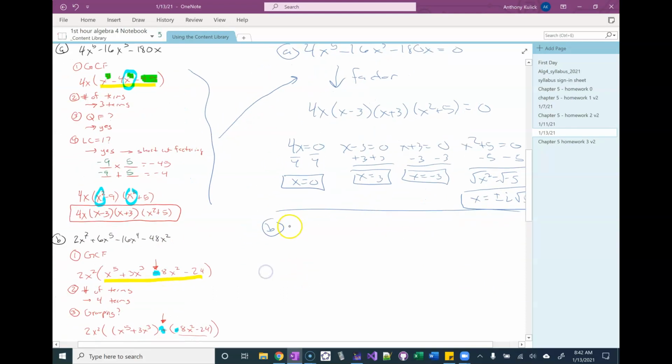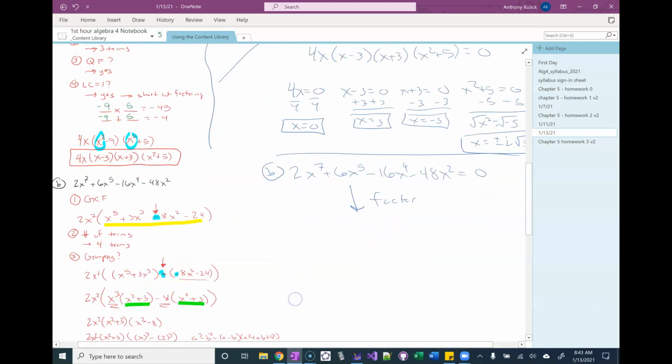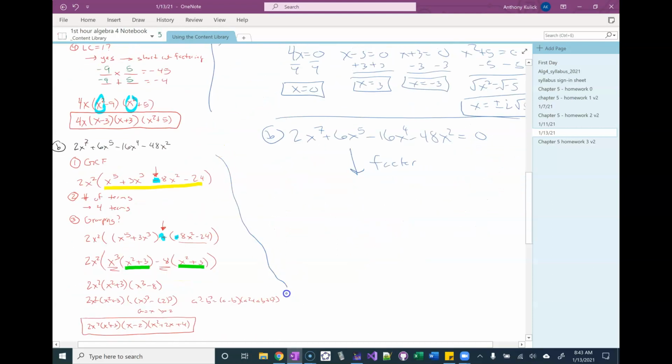So let's do B. Again, our first step would be to factor. So again, I'm just stealing this work that we already did.